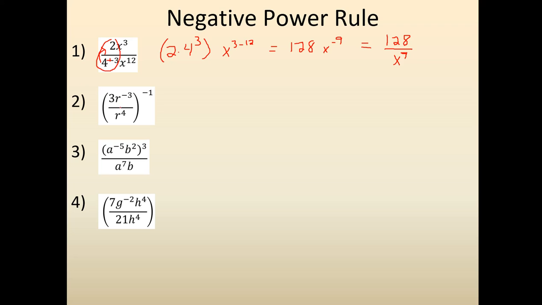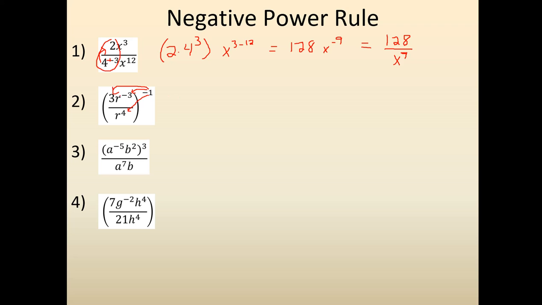Alright, going down to here. There's a few things going on. What I like to do, again, is get rid of this negative right off the bat. So this negative gets distributed to all these terms.